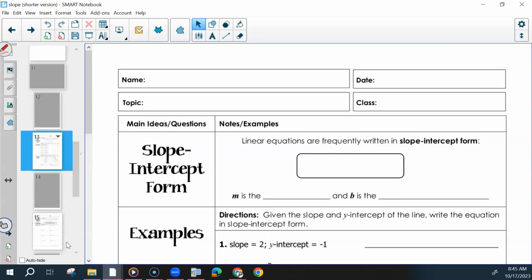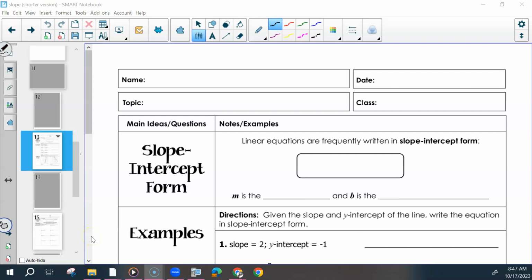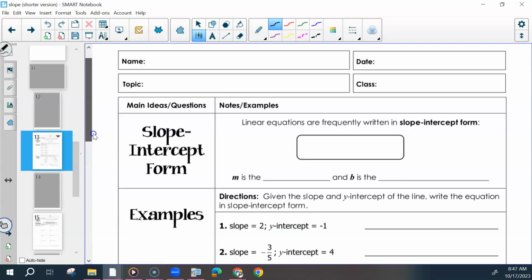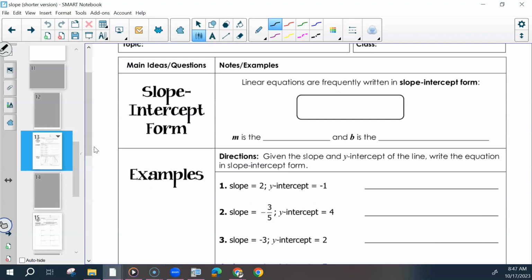We were in these notes, but I want you to find the page that looks like this. Does anyone need another one of those notes? So we need to know that linear equations are commonly written in slope-intercept form.